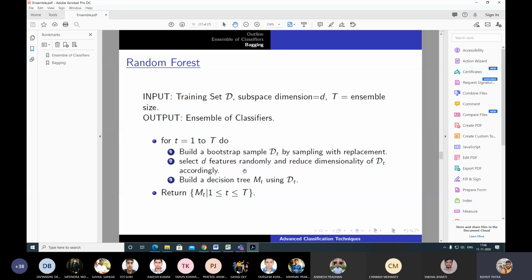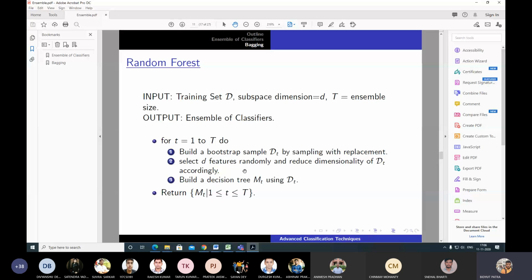Let's say you have a data set of 100 samples and 30 features. Out of the 30 features, you take only 5 features. That means you take the 100 instances, but only 5 features of those instances, and using that you make a decision tree.